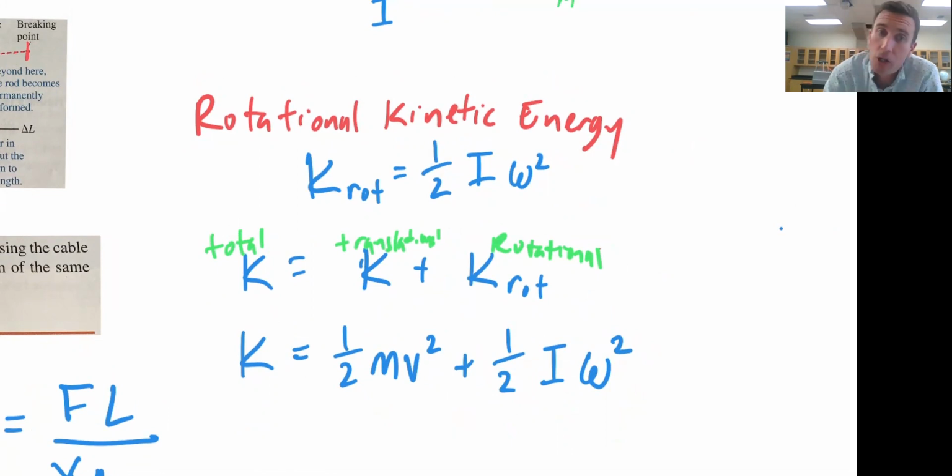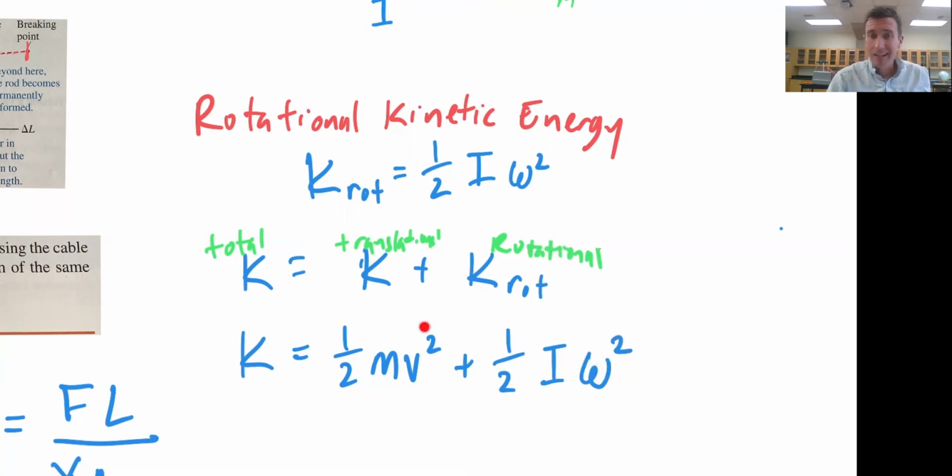And then I know that the total kinetic energy for an object is going to be equal to its translational kinetic energy plus its rotational kinetic energy. So the total kinetic energy is translational plus rotational. That means it's going to be equal to 1/2 mv squared, which is translational, plus 1/2 I omega squared, that's rotational.